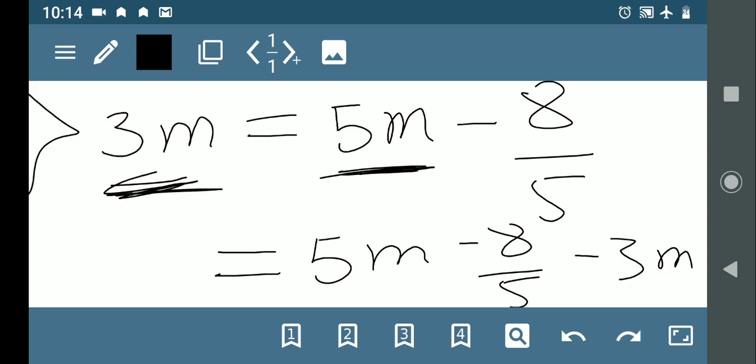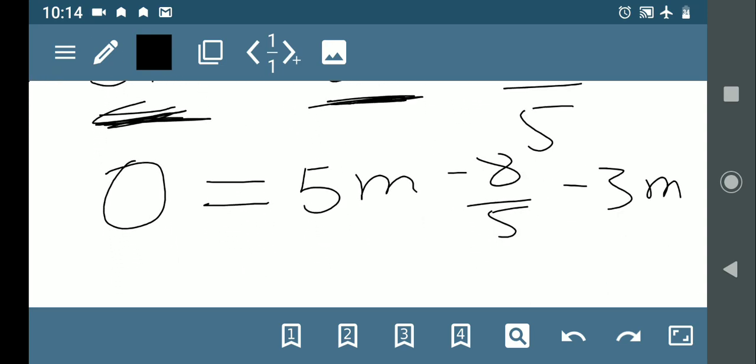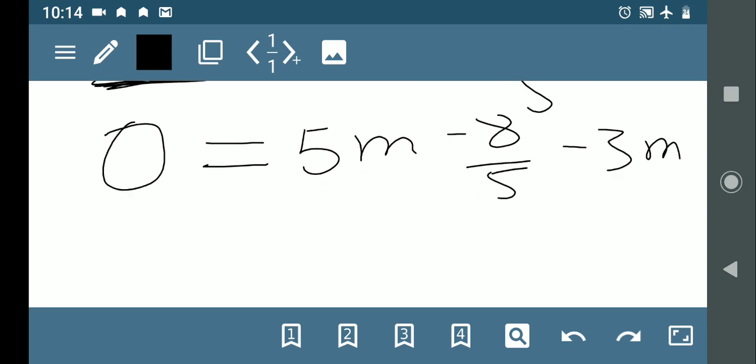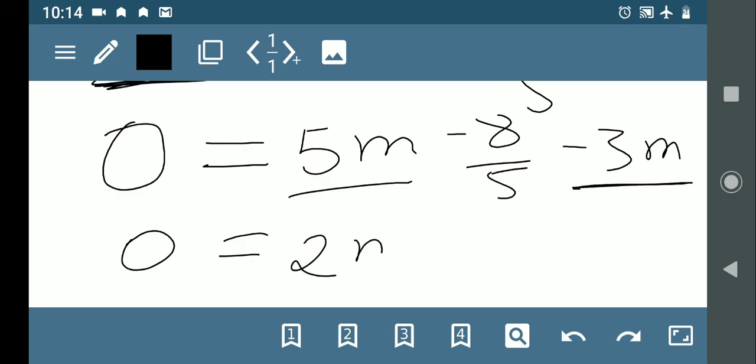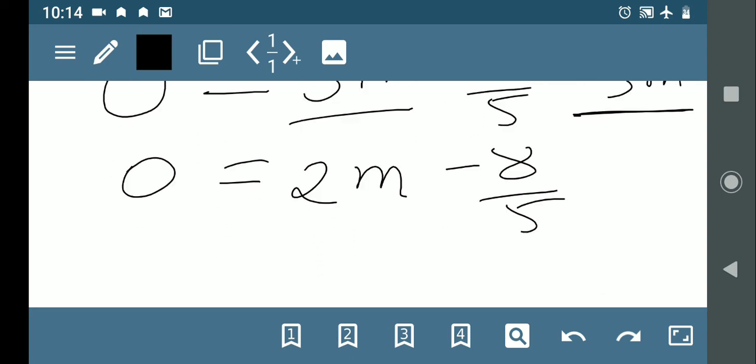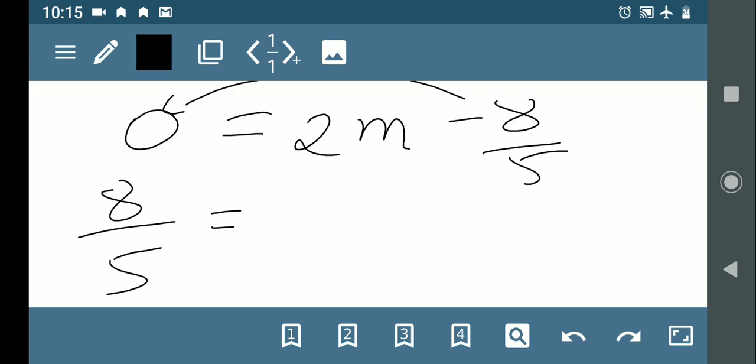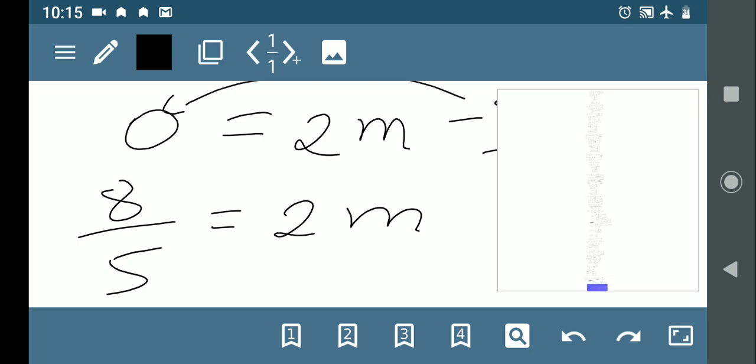When you took this 3m to the RHS, what are you left with? 0. Okay. So 0 is equal to 5m minus 3m, which is 2m, minus 8 by 5. Now bring this minus 8 by 5 to the LHS, it becomes plus 8 by 5 is equal to 2m.